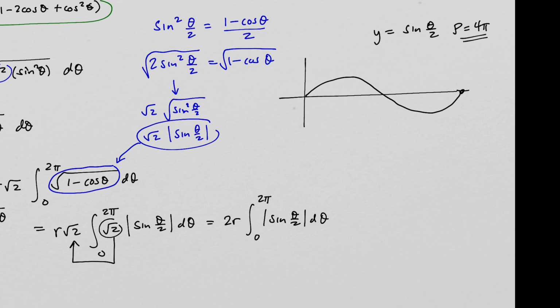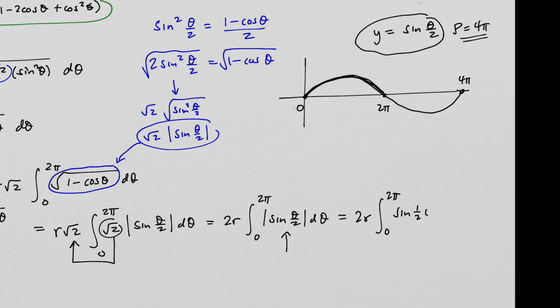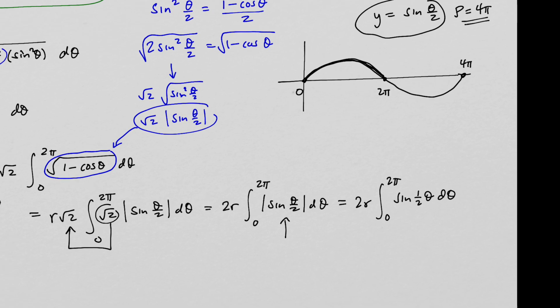So out here, this is 4 pi, and right here, this is 2 pi. So what I want you to notice is that y equals sine of theta over 2 is above the x-axis from 0 to 2 pi. What that means is that we can remove the absolute values here. We don't need the absolute values. And I'm also going to change theta over 2 to be 1/2 theta.